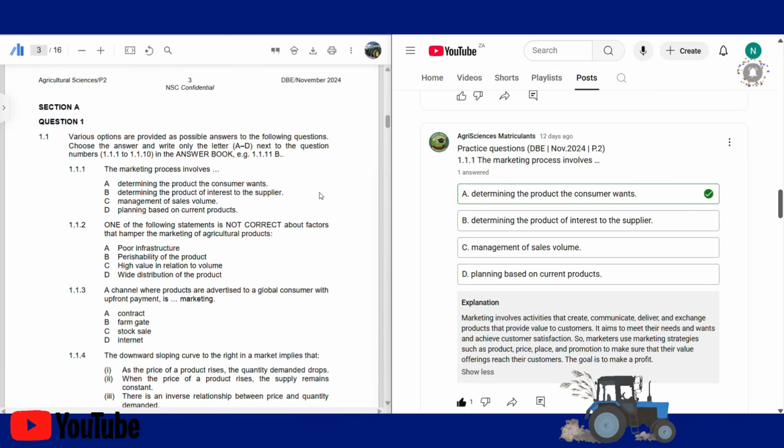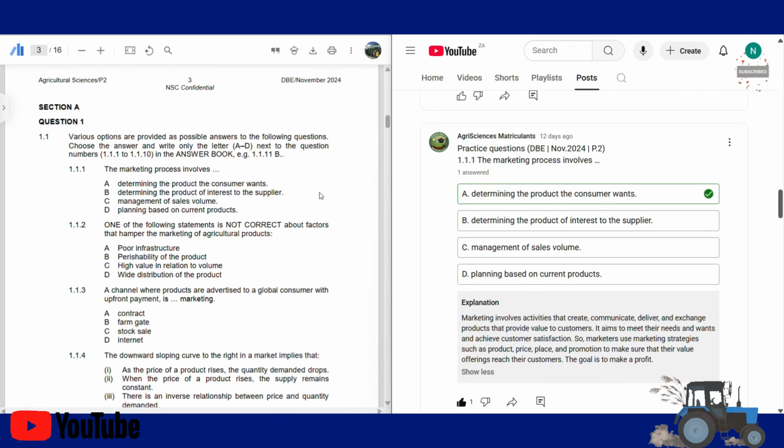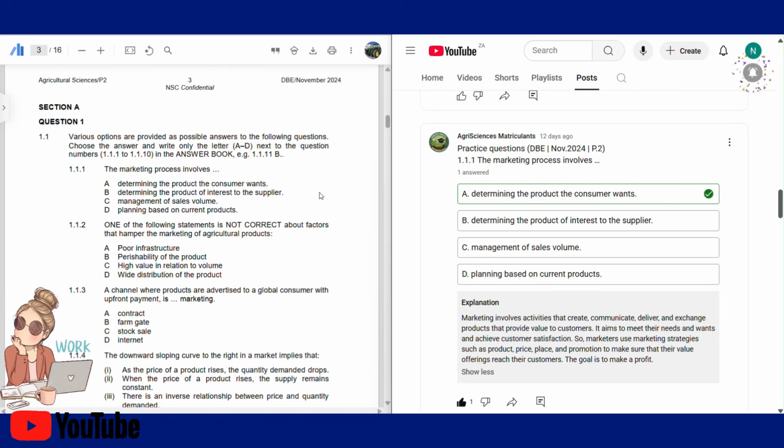C, management of sales volume, no, we don't deal with sales volume here. Sales volume is for selling. There is a difference between selling and marketing, so C is out. D, planning based on current products.